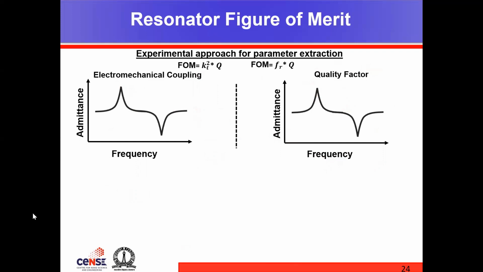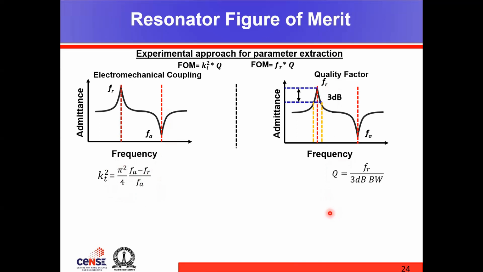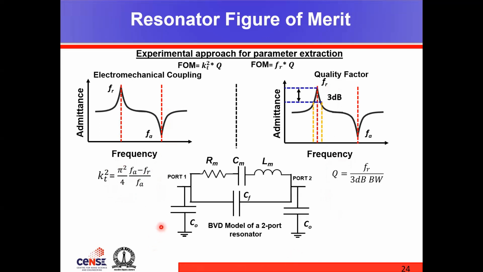So in this slide, we will basically go over how to extract these values from measurement. First of all, it is important to identify the resonance and the anti-resonant frequencies. And this is the equation that is used to get the KT square. Similarly, using the resonant frequency and the 3 dB bandwidth information, quality factor can be calculated. The value of the static capacitance C0 is geometry dependent, and it can be calculated once the device area is known, that is the overlap area, and also the thickness of the dielectric and the relative permittivity of the material used.